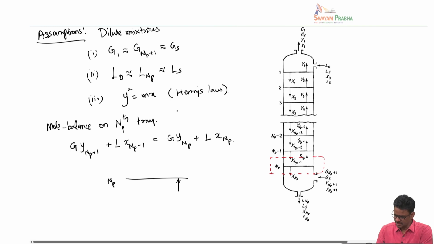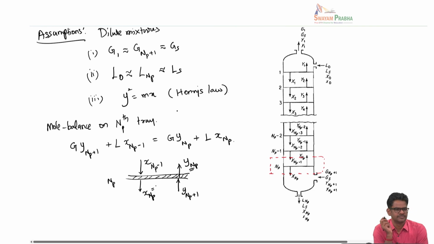What comes in is YNP+1, and then what leaves, so you have to imagine that there is a small liquid column here so that the mass transfer can happen, is the outgoing gas composition YNP. Similarly, the liquid coming in has composition XNP-1, and the one that leaves is XNP, such that these two are at equilibrium. The two outgoing streams XNP, YNP are at equilibrium.